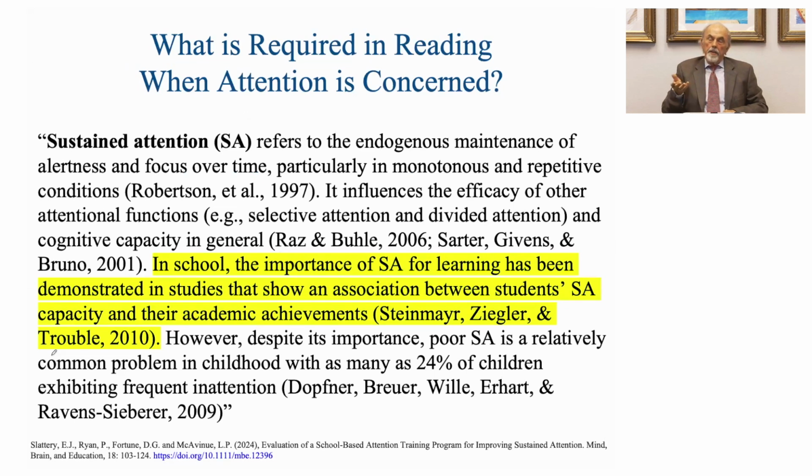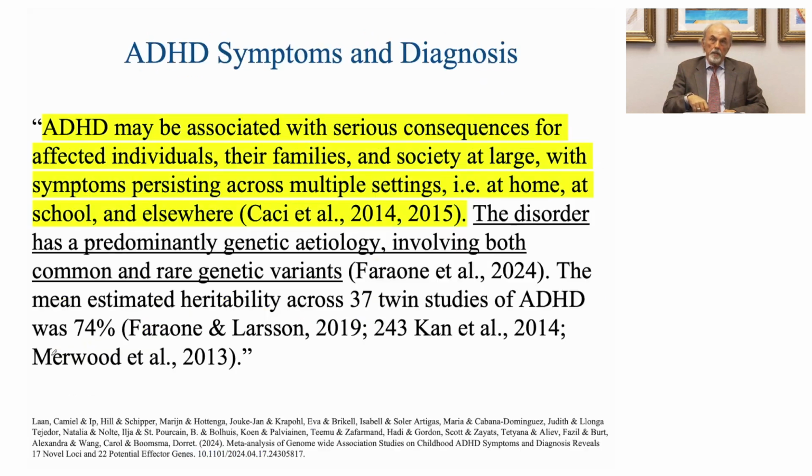Here you're hitting this attentional factor, and what we see, as I'm going to show you shortly, is the comorbidity issue in the data that I referred to earlier in terms of our 15 years of data. We see on the symptoms and diagnosis that ADHD may be associated with serious consequences for affected individuals, not only the individuals, but their families, society at large, with symptoms persisting across multiple settings, at home, obviously in school, and elsewhere.